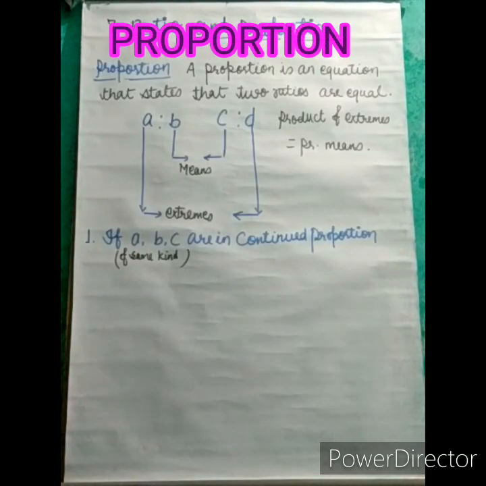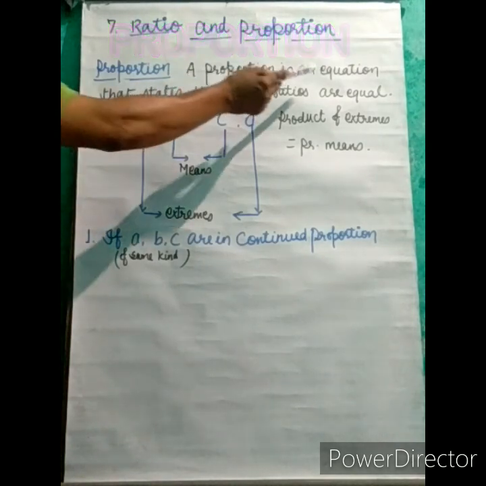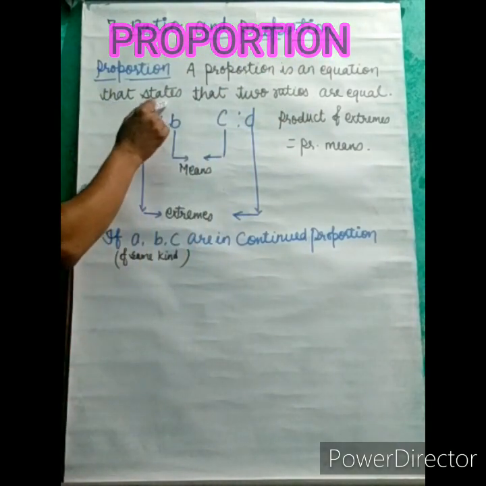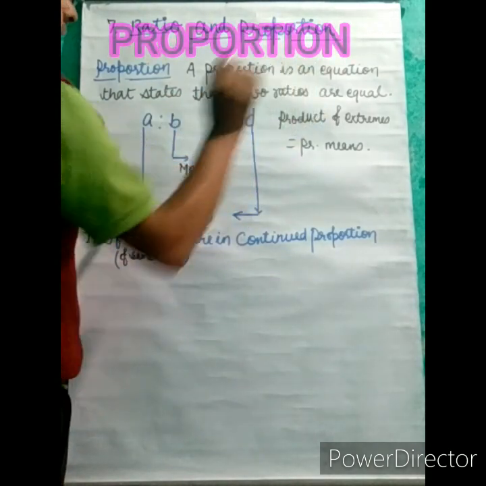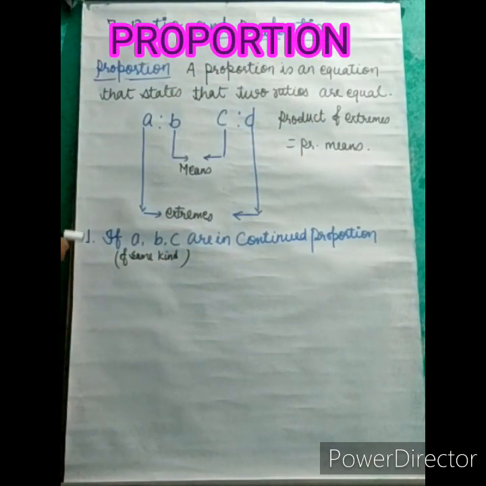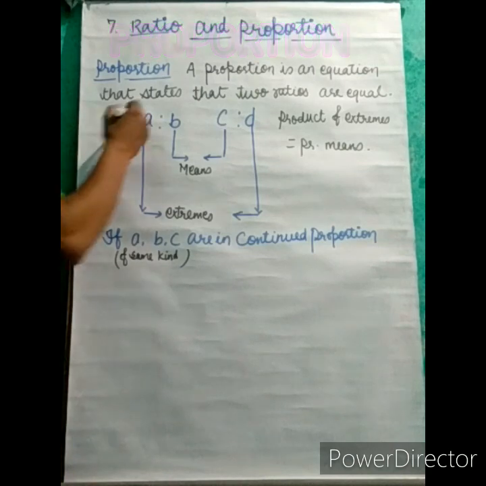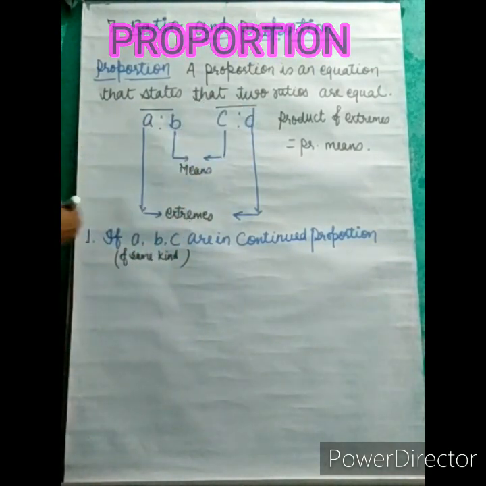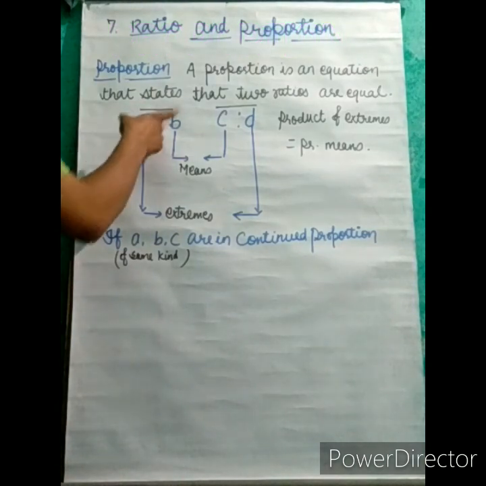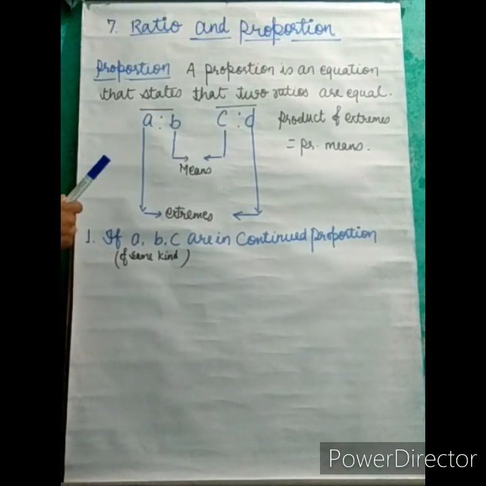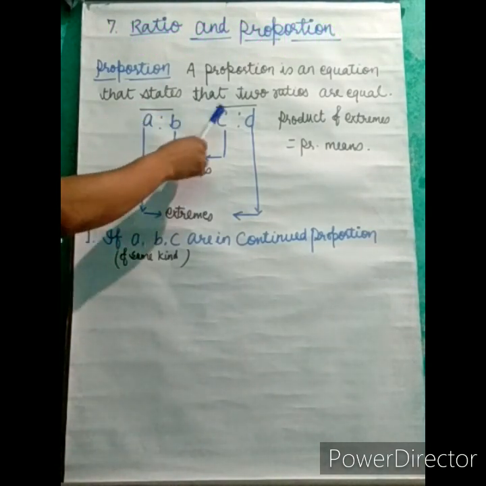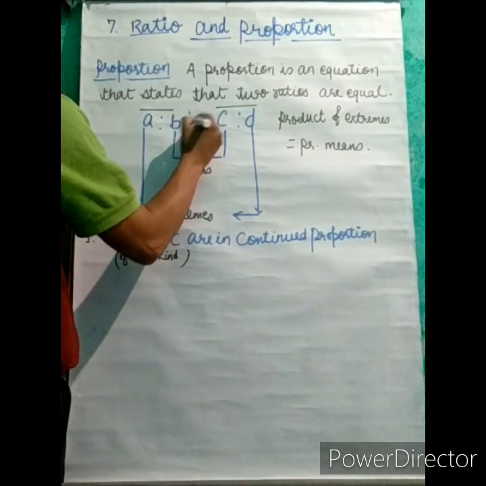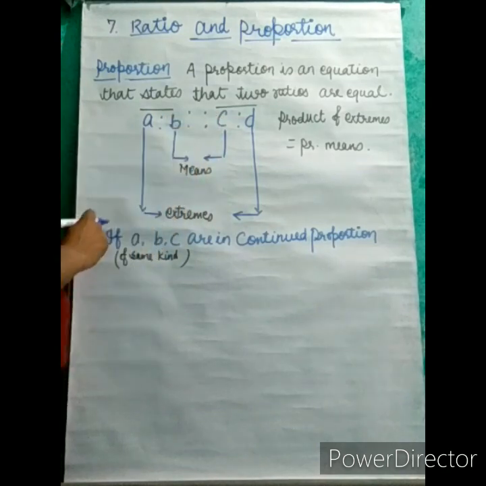Now, proportion. A proportion is an equation that states that two ratios are equal. Let's say we have two ratios, A ratio B and C ratio D. If these two ratios are equal, we can put four dots between these two ratios.